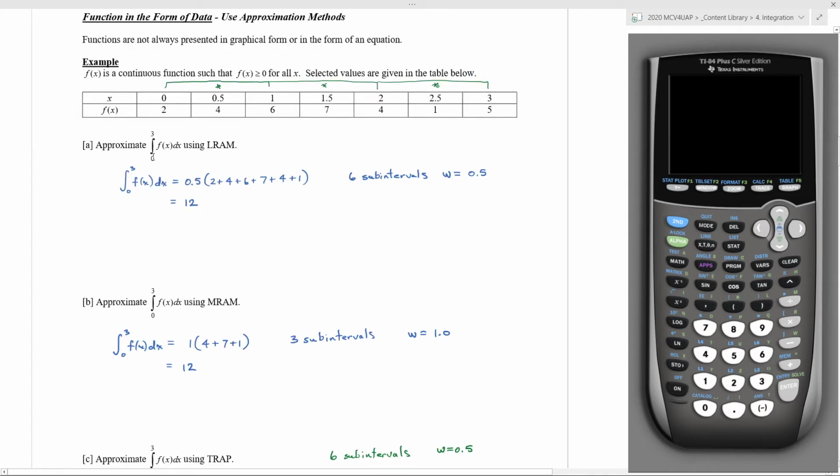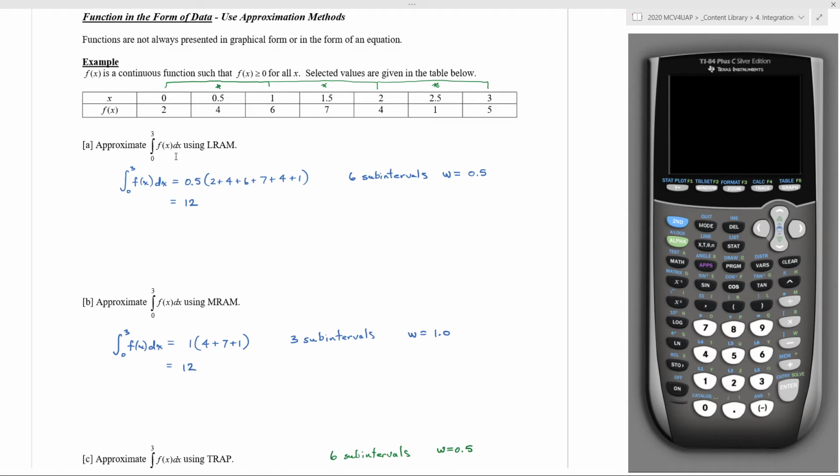Okay, so approximation methods, LRAM, trapezoid, etc., can all be used to evaluate or approximate any integral. You just need to use as many subintervals as you can and a powerful computer. So there are programs that will do that.